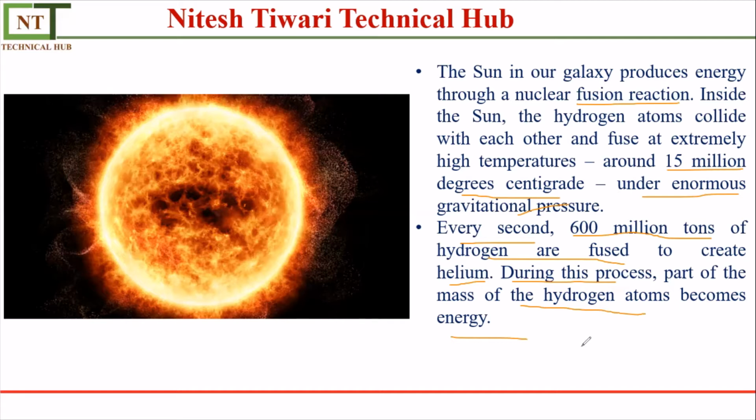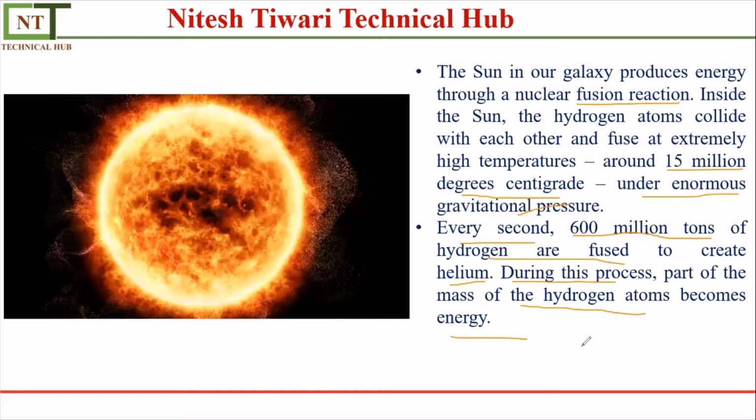The main reason is that for nuclear fusion reaction, you have to maintain very high temperature. In the case of the sun or a star, the temperature is very high and is maintained continuously. So if the temperature is that high, nuclear fusion reaction is possible and is done.